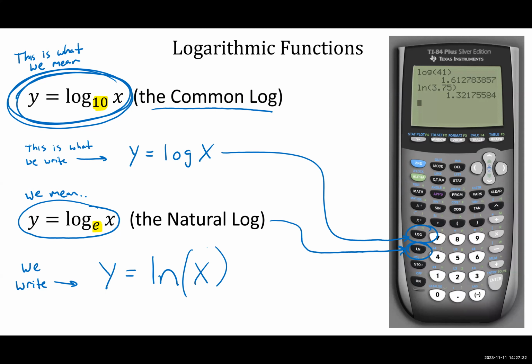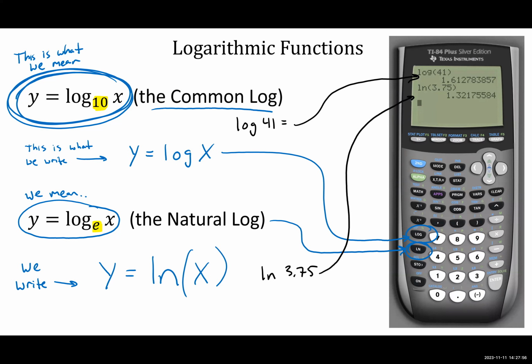So over here, you see on my calculator screen, two quick calculations: the log of 41 and the natural log of 3.75. There's nothing important about the number 41 or 3.75. This is just a couple of examples.